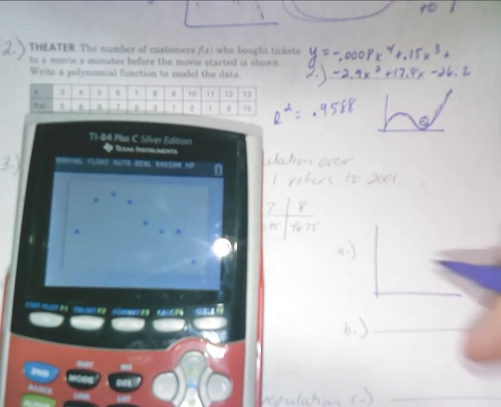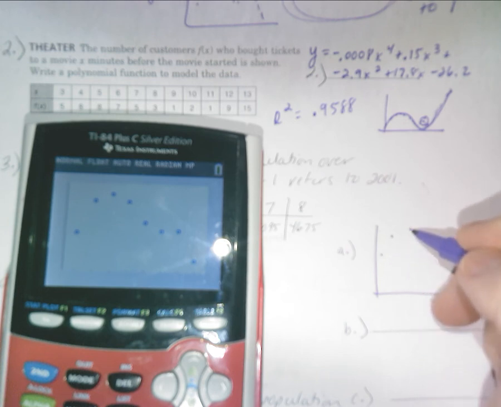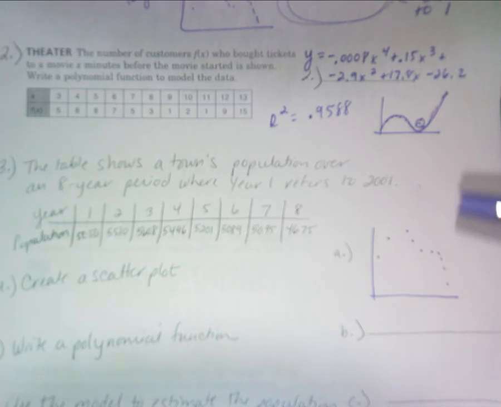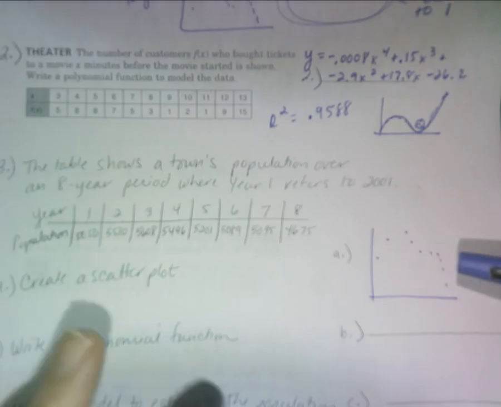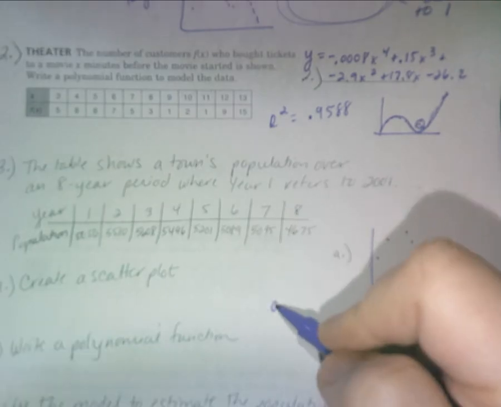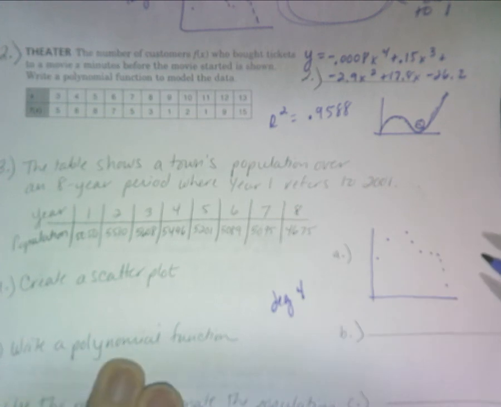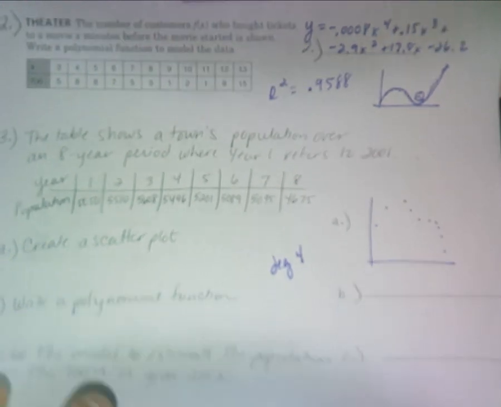And again, on tonight's homework, you just have to give a little sketch. You don't really have to be completely accurate. I should make you be completely accurate, but your calculator is doing it for you, okay? So there's our scatter plot. So again, I'm going to go with the fact that I believe it to be a degree 4, and I'm going to find that polynomial function based off of the degree 4.